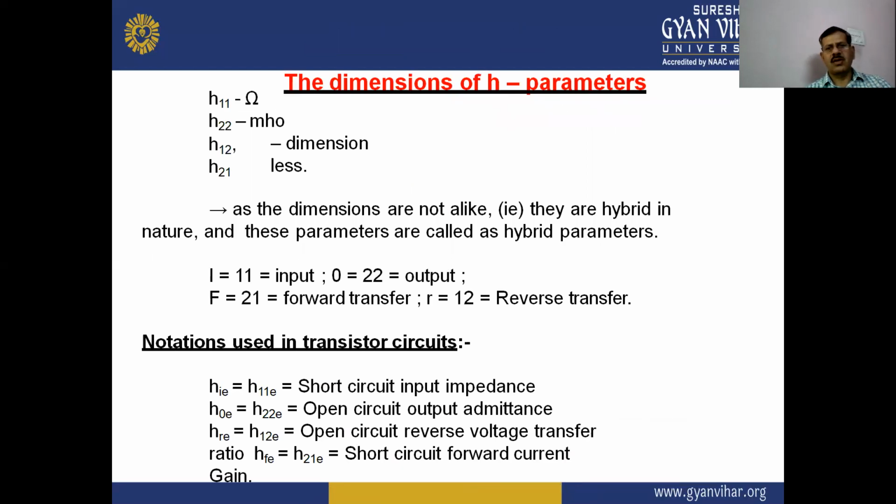The dimension of H parameters. So H11 has the dimension ohm, H22 in mho, and H12 and H21 are dimensionless parameters. So as the dimensions are not alike, they are hybrid in nature, and these parameters are called hybrid parameters.